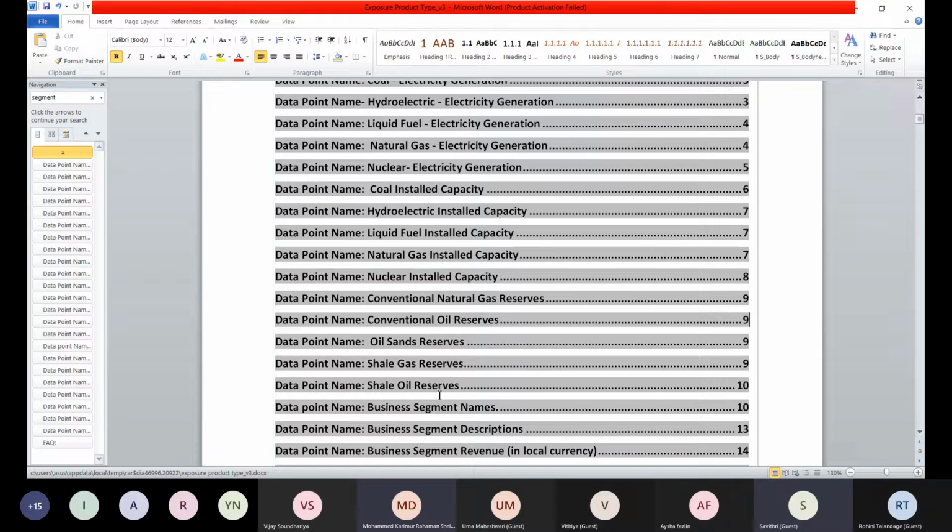Can anyone tell me in short what reserves are? They are reserving the oil for their company, for their users. Yes, saving, conserving, storing it for the future.